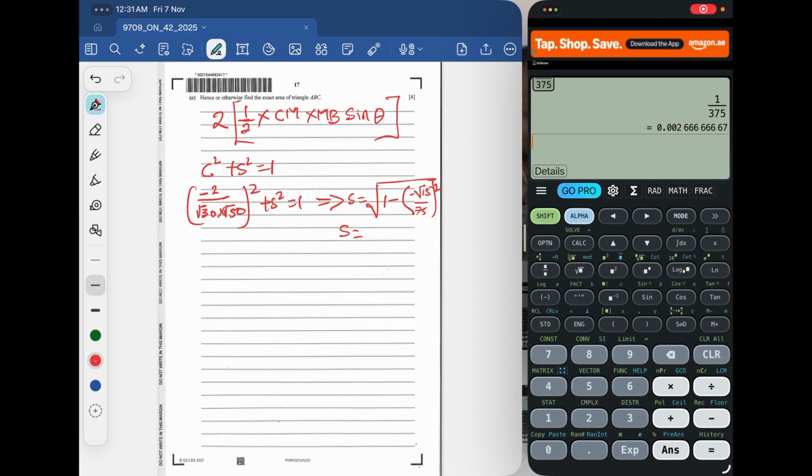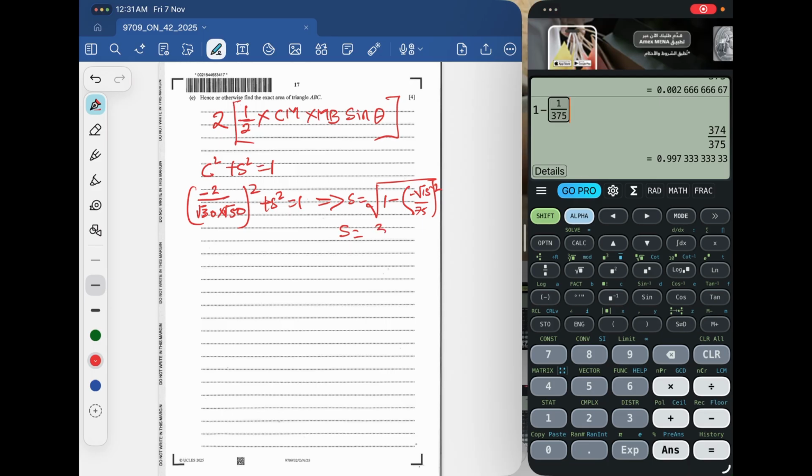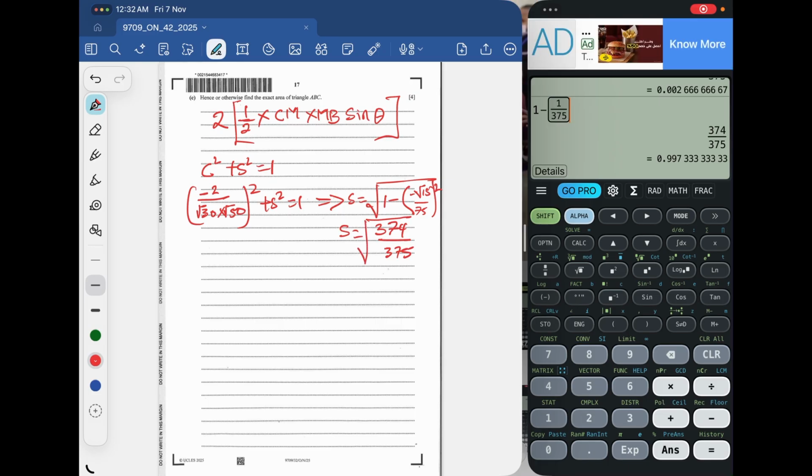So you get 374 over 375. So this is s squared. Then we'll take the square root, right? So the square root of that is s. Okay.